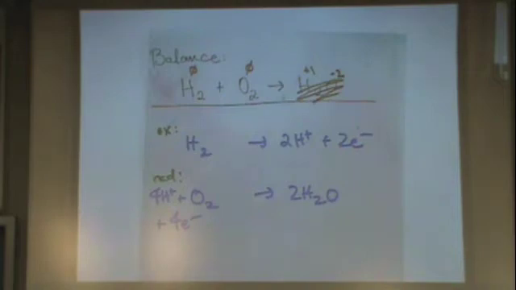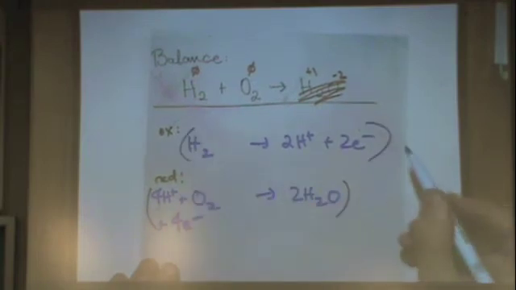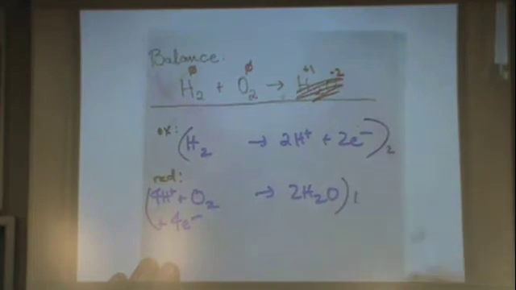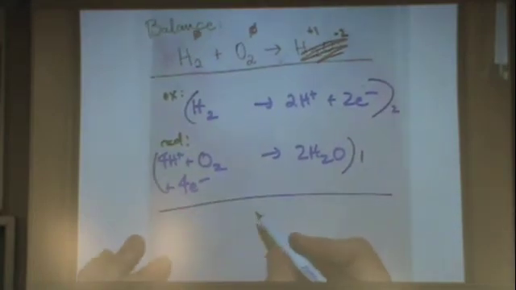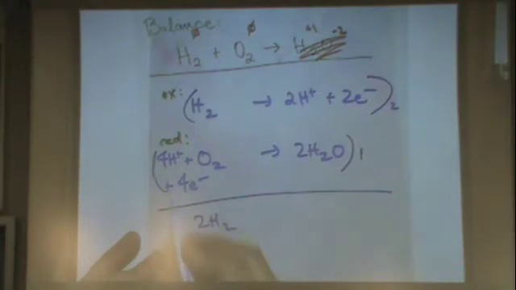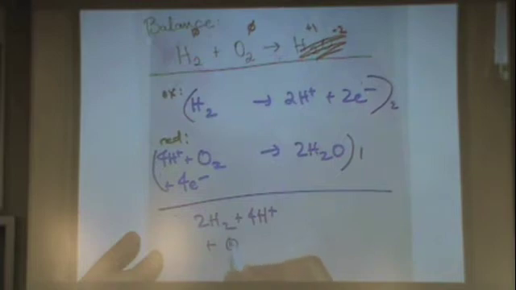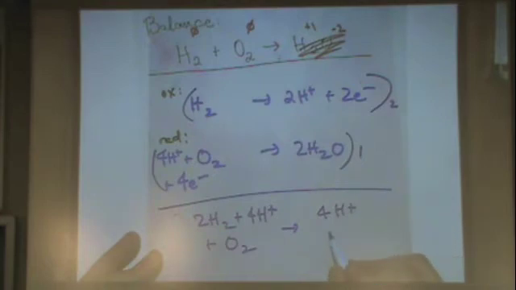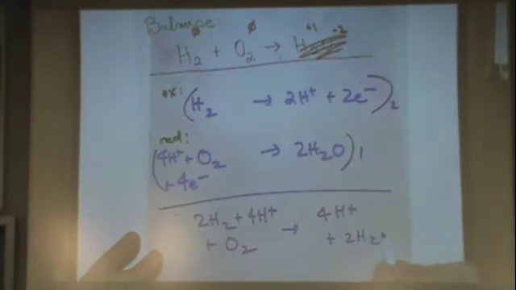All right, now, get a different color pen. Multiply this craziness. I multiply the top by what and the bottom by what? 2 and 1. So, 2H2 and plus 4H plus. So I'm writing out all the reactants, and then I'll do all the products now. 4H plus 2H2O.